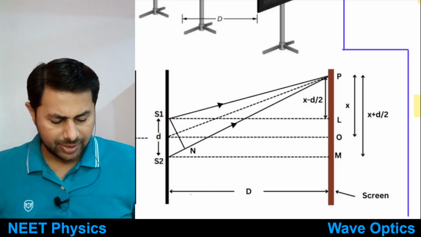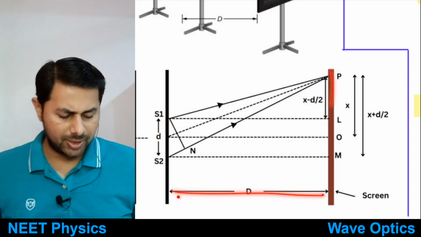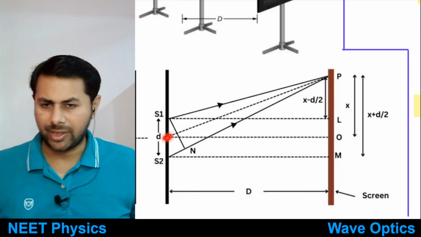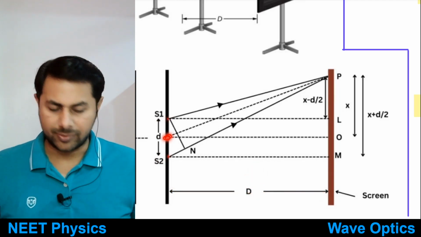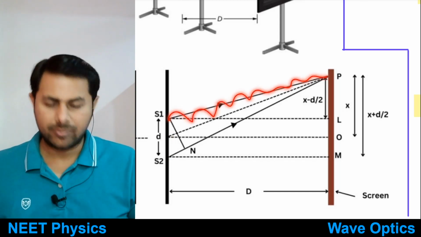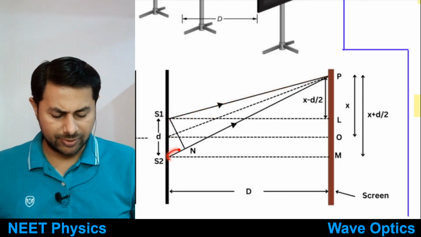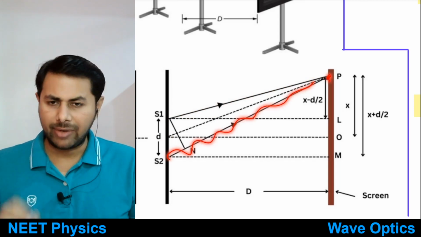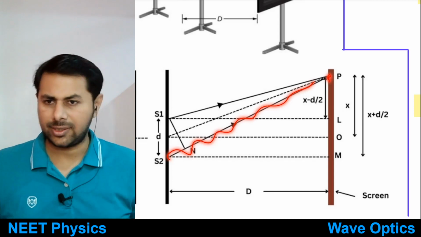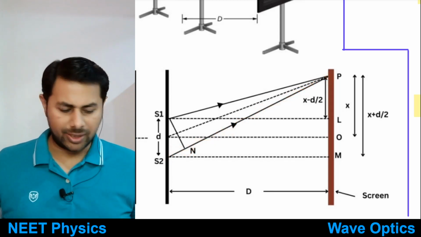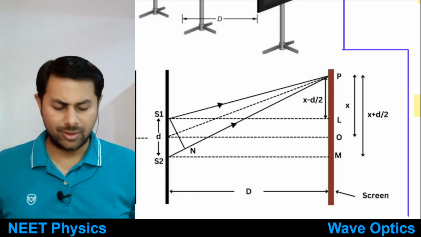The separation of the screen from these sources is capital D. And this one is the midpoint of S1 and S2. Now a wave will start from S1, a wave starts from S2, and suppose they arrive at point P on the screen. Whether this point will be a bright point or a dark point, that we need to find out.